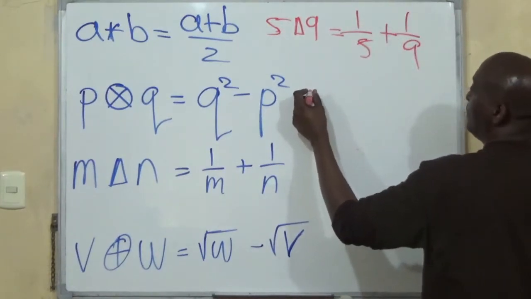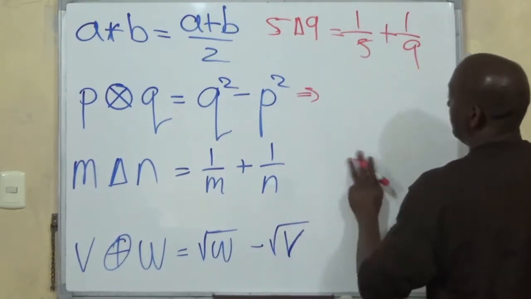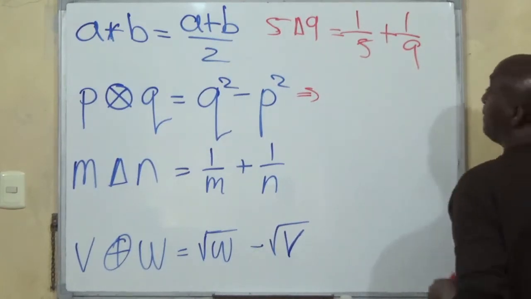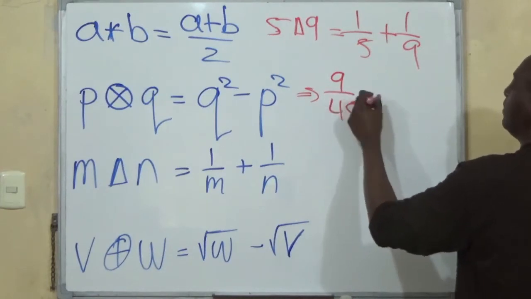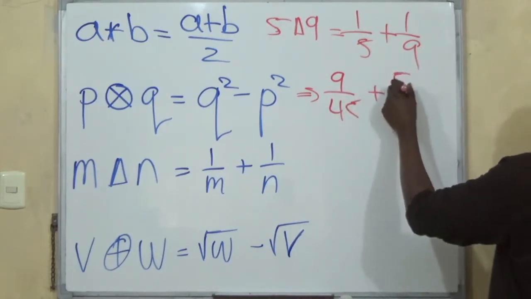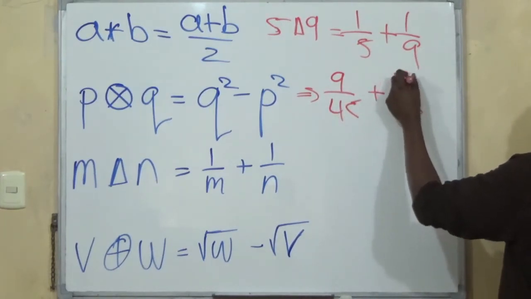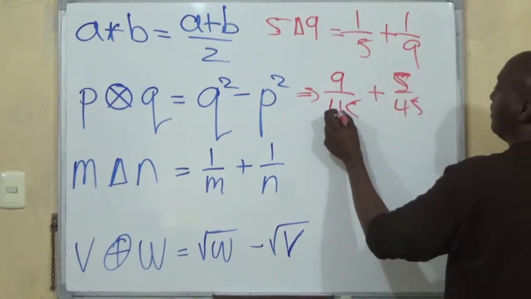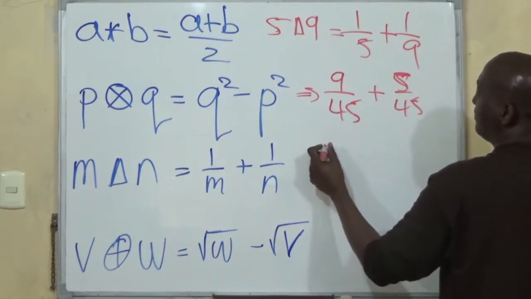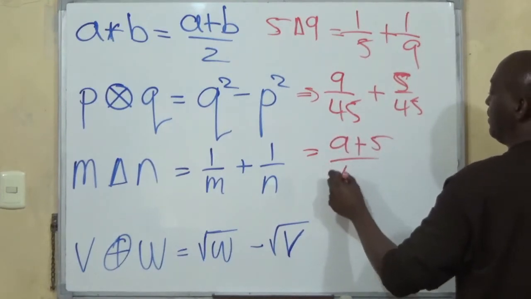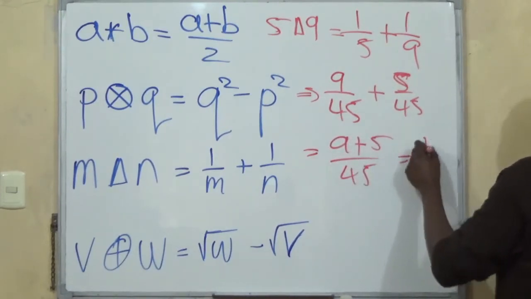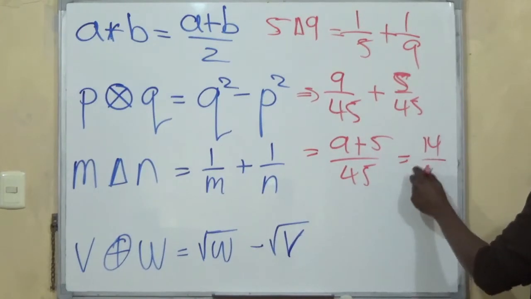I just work it out here so that you can see it. 1 over 5 is the same thing as 9 over 45. 1 over 9 is the same thing as 5 over 45. 9 plus 5 over 45 is equal to 14 over 45.